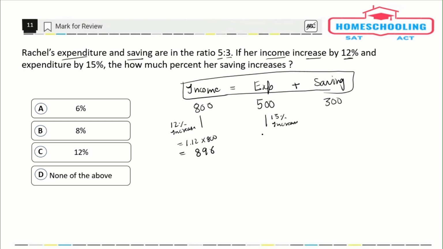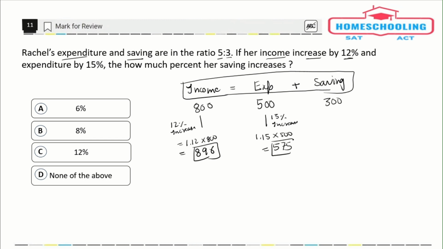So that would be how much? 100 plus 15, that would be 115 percentage. And we can write 115 percentage as 1.15 into 500. So that is going to be how much? Expenditure 575.